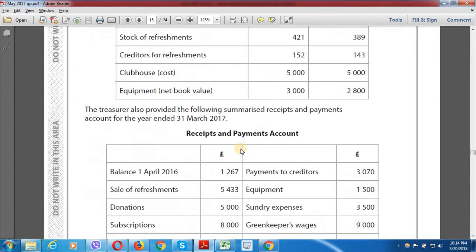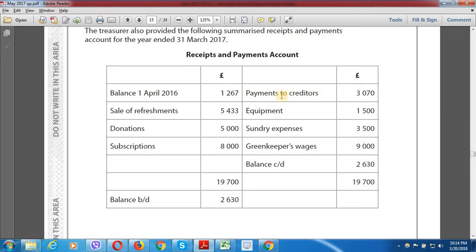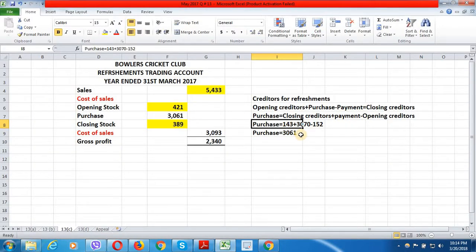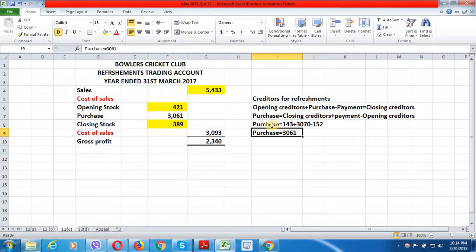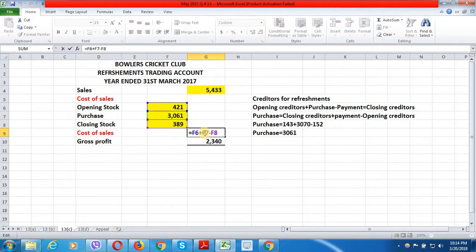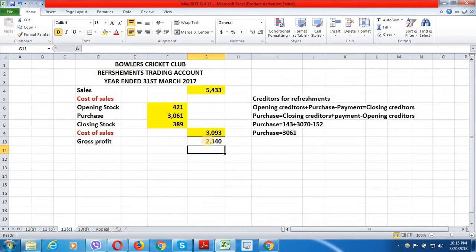And the payment to creditors is also mentioned in receipts and payments account, 3070. 143 plus 3070 minus opening creditors. The opening balance is also told here, 152, and if you solve this formula, you will get purchase 3061. This is how we have calculated the purchase amount. Finally, we have got the cost of sales, opening stock plus purchase minus closing stock, and if you deduct cost of sales out of sales, you will get the profit, that is 2340.